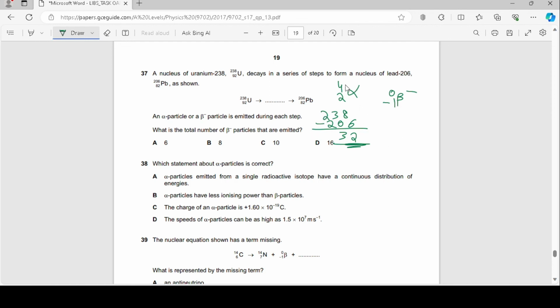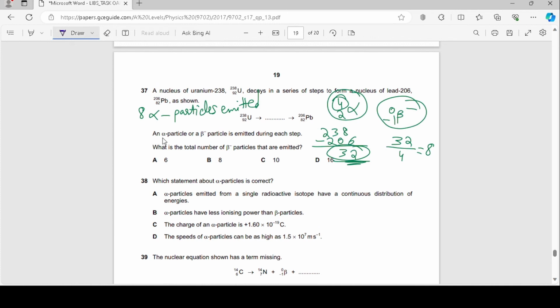Because obviously a beta minus particle will not affect the nucleon number, but the 4 2 alpha will, I can take this 32 and divide it by 4. So 32 divided by 4 is going to be 8. Basically I have 8 alpha particles emitted, and I know that now as a fact.